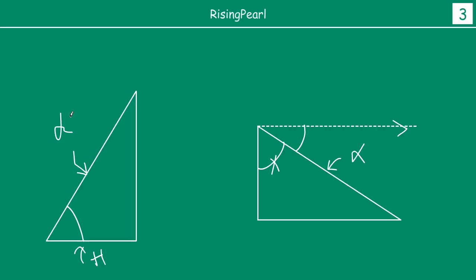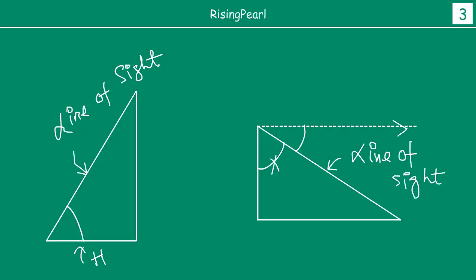In both cases, let us just call this the line of sight, so it will be easier. It is very important to understand that the line of sight is basically the straight line from your eyesight to the object, right? If you're looking at the top of a building or top of a bus or top of the flower plant, it is from the eyesight to the object.